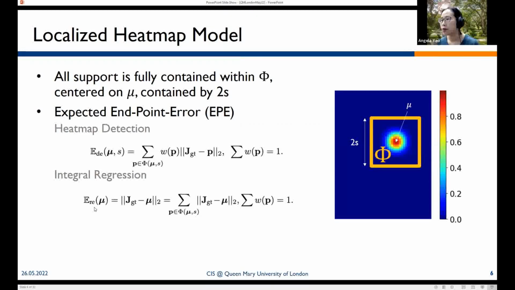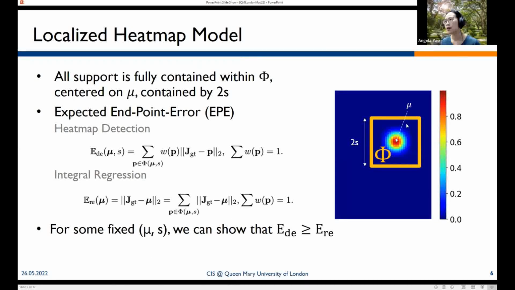I won't run you through the details of the derivation, but what we find is that, under these assumptions, for some fixed location of a heat map and its overall size, the expected endpoint error for detection should always be higher than or equal to regression. This result essentially tells us that if we have the same heat map, regression should always do better than detection.